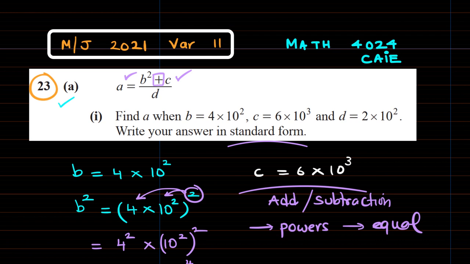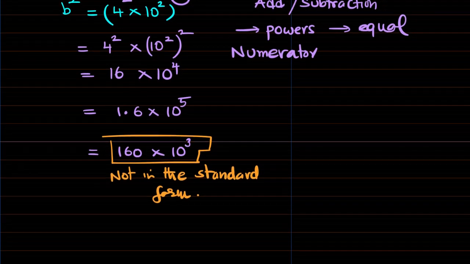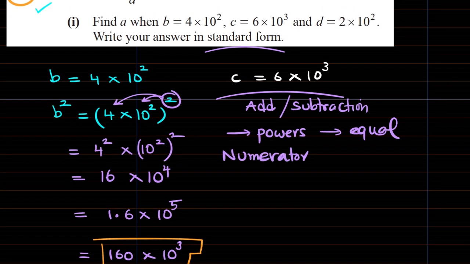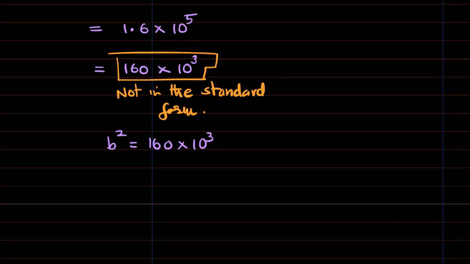So now I'm simply focusing on the numerator, and then we have B square and then we have C. So B square is 160 into 10 raised to power of 3, and let me scroll up. C is 6 multiplying with 10 raised to power of 3.